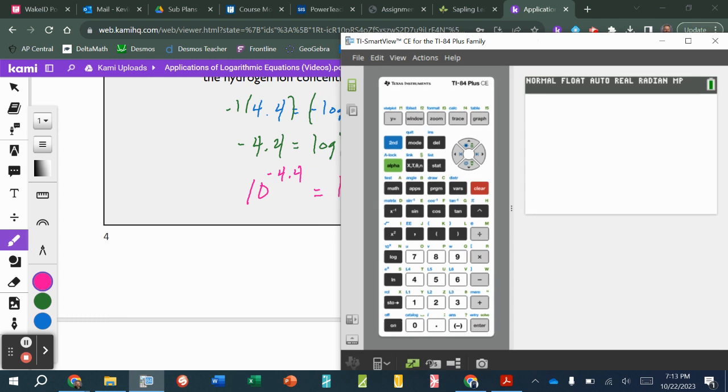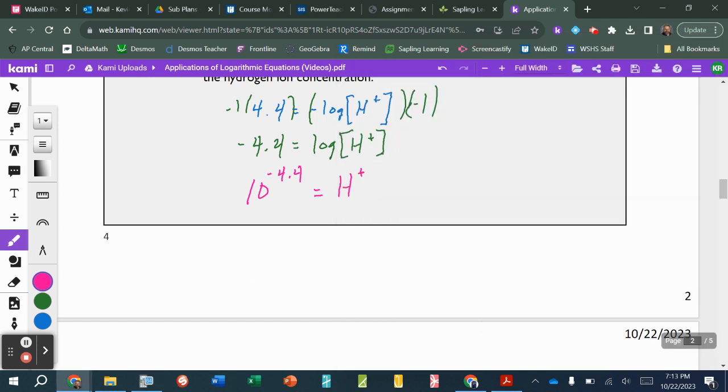And so now all we need to do is evaluate it in our calculator. We want to figure out what 10 raised to the -4.4 power is approximately. And it says 3.98, but if you notice on the far end, we have an E -5.